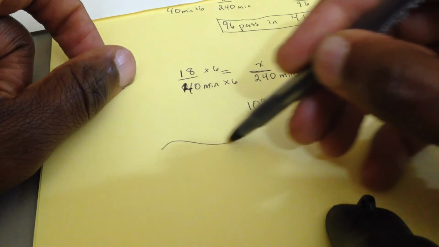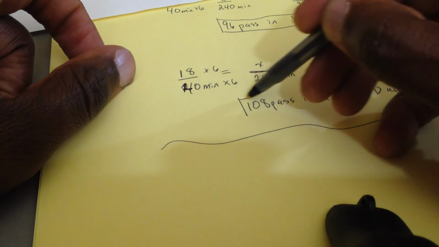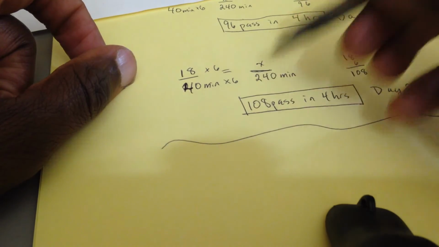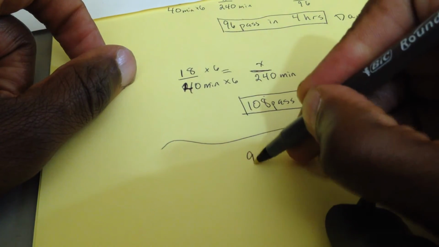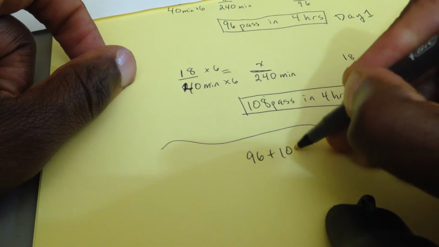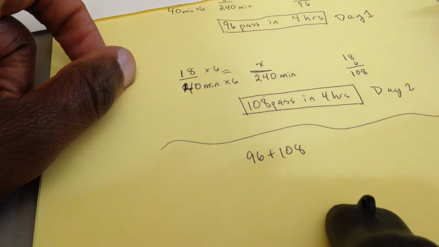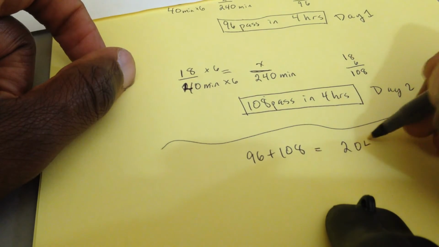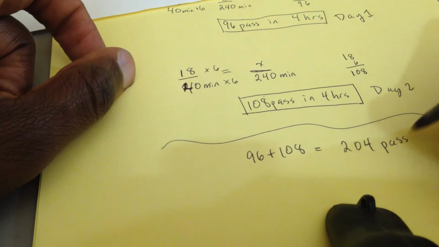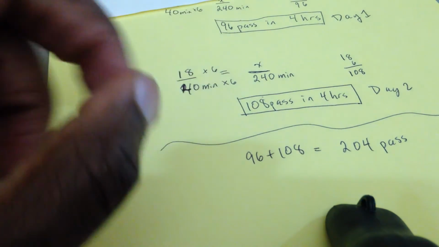So again, average means you add the 2 up, right? So you would add up the 96 and the 108. 96 plus 108 tells us how many passengers she saw altogether, which comes out to 204 passengers, right? But now they want the average.